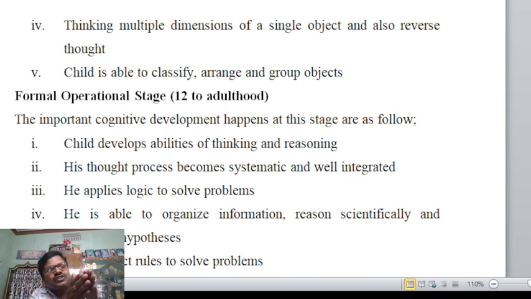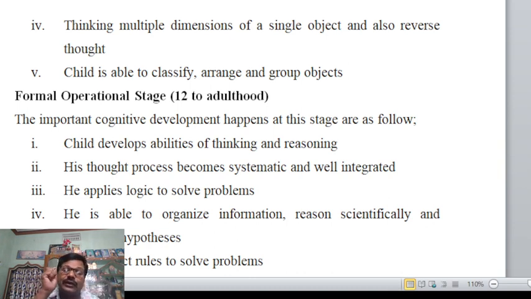It means that his thought process will move towards the scientific way, systematically and scientifically integrating the thoughts. Whenever any new situation comes, the child applies logic or rationality to solve the problems. It means he or she doesn't accept anything blindly.